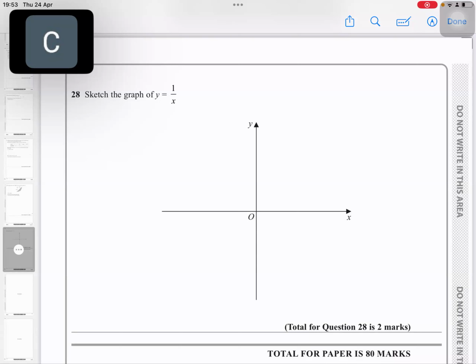Now you can see that it would not go through 0, because if you put 0 in that denominator, guess what will happen? 1 over 0 will give you what?